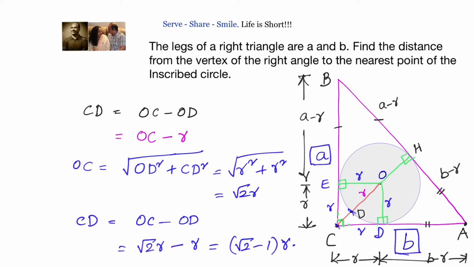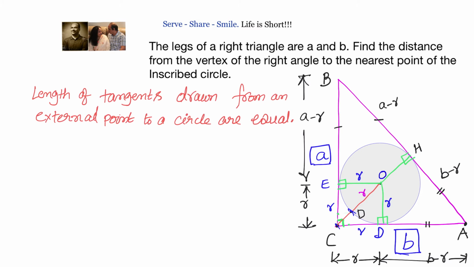Let's write down the steps for whatever we have discussed just now. The lengths of tangents drawn from an external point to a circle are equal. So we have AD equals AH, BE equals BH, also CD equals CE.